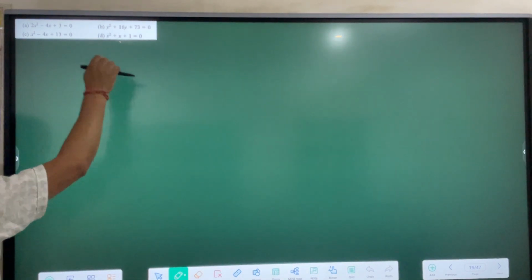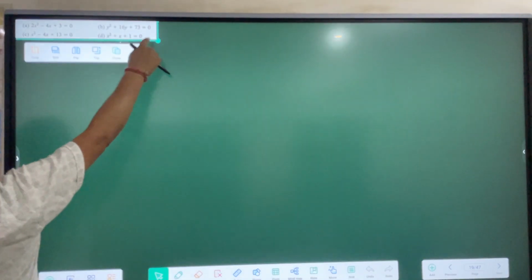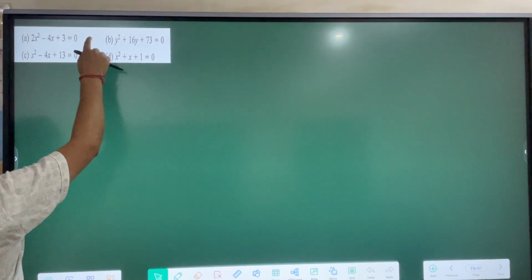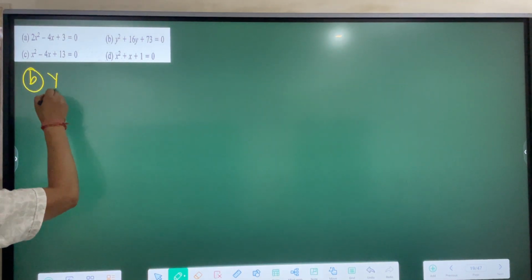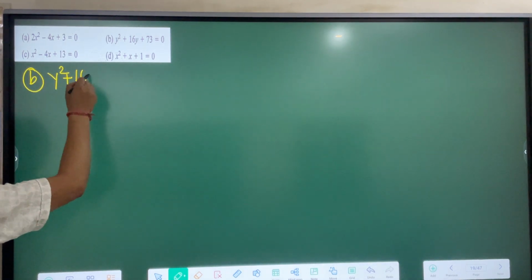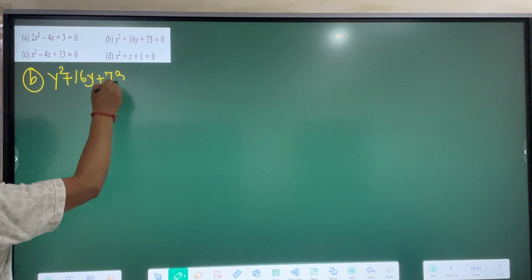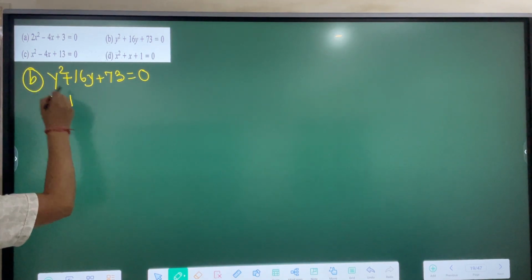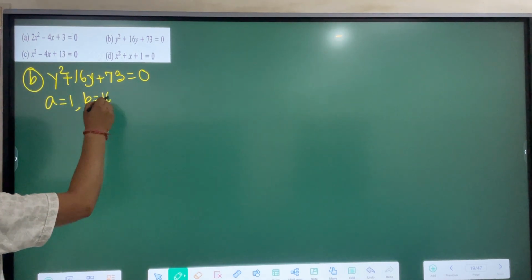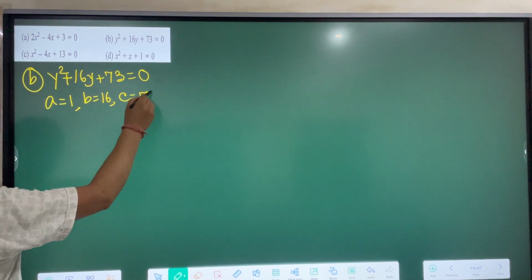Number B. y square plus 16y plus 73 equals to 0. Here A is 1, B is 16, C is 73.